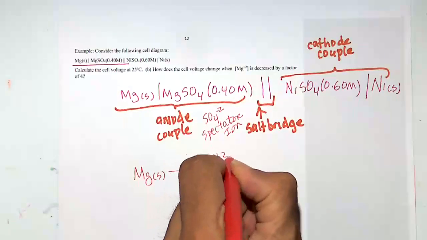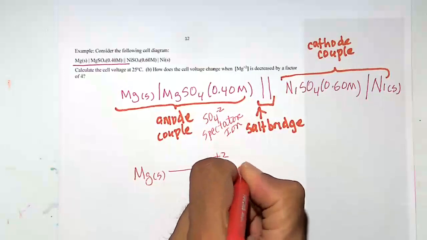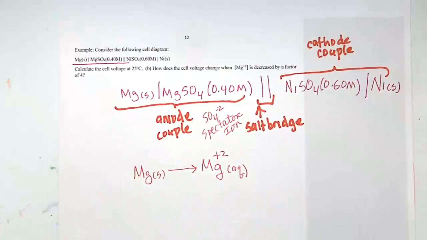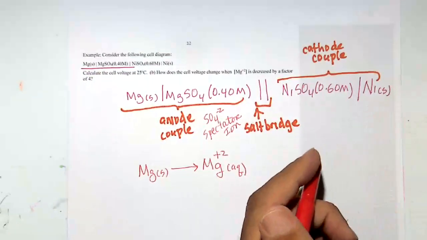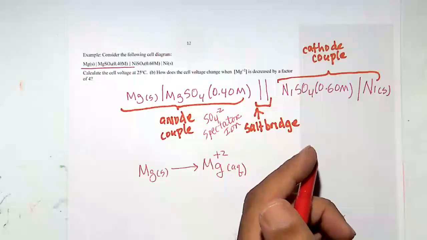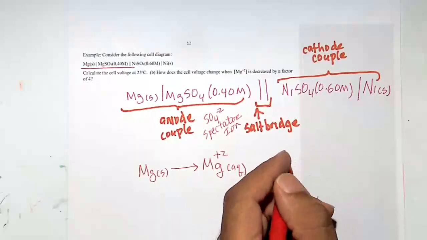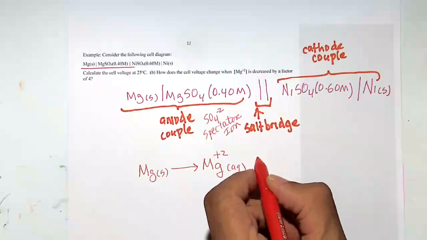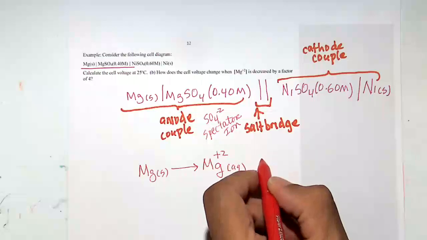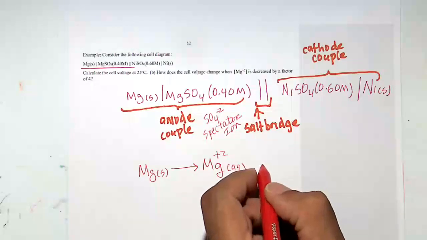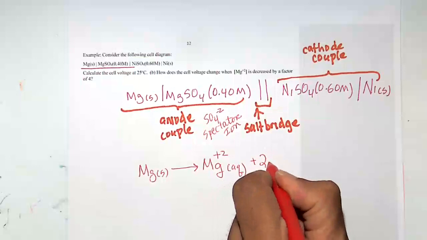And what's the charge of the Mg aqueous? Plus 2. Okay, this is Mg going to Mg plus 2. Now, how many electrons and where should we put it? 2 where? Products or reactants? Products.